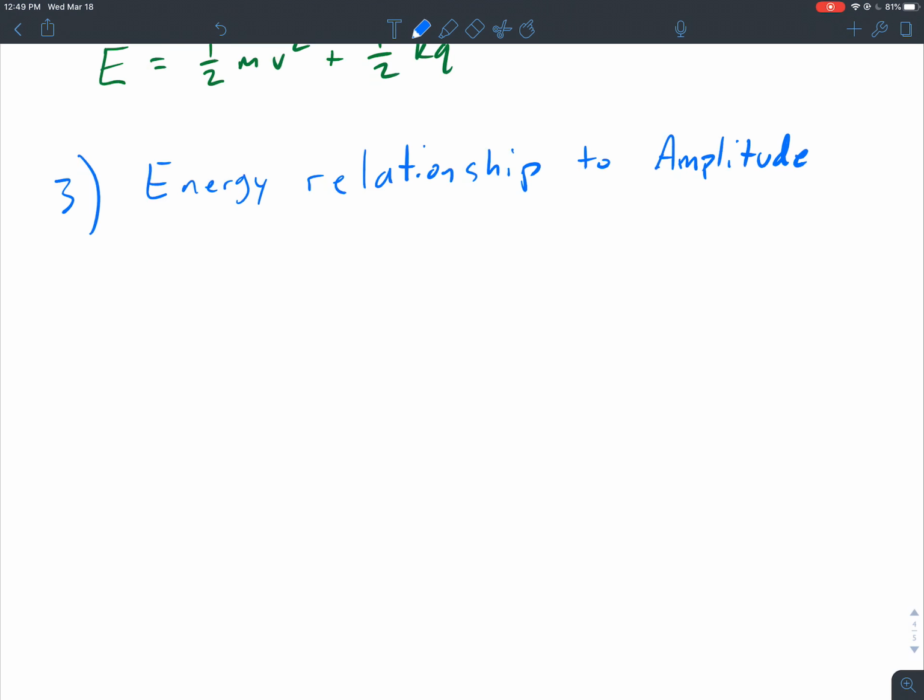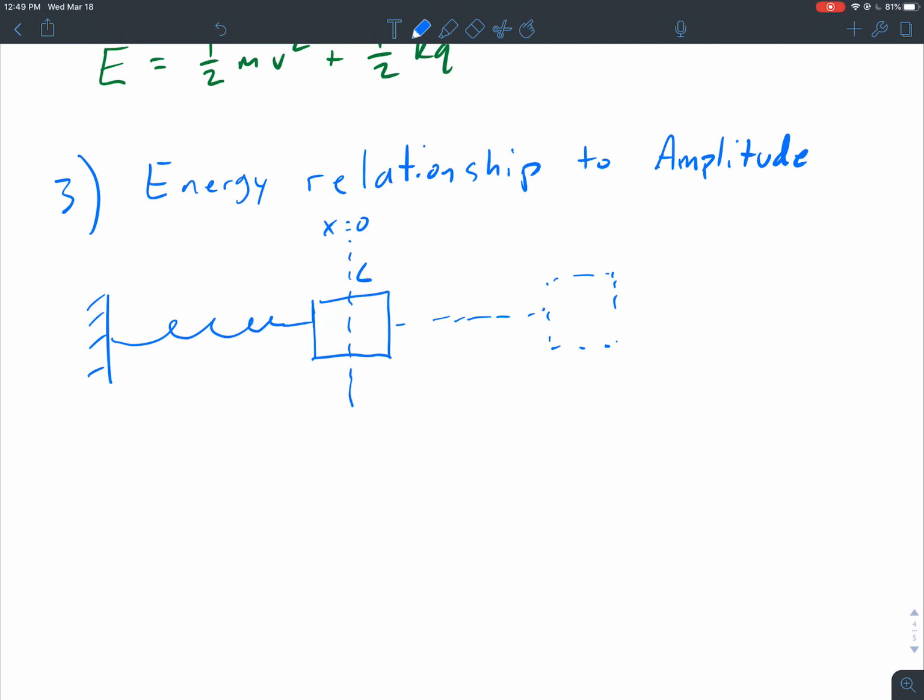We'll do this the simple, easy way. So, you've got a spring mass system. x is 0 here. And we stretch it out here, and that's where we're going to let go.